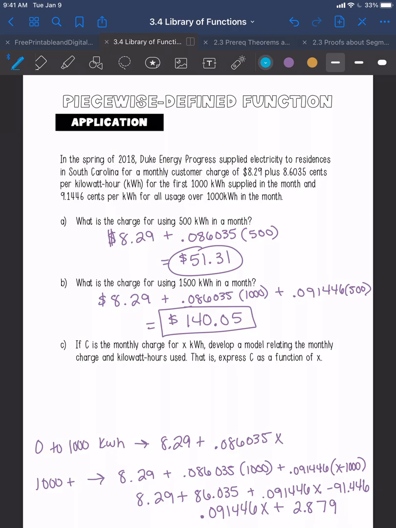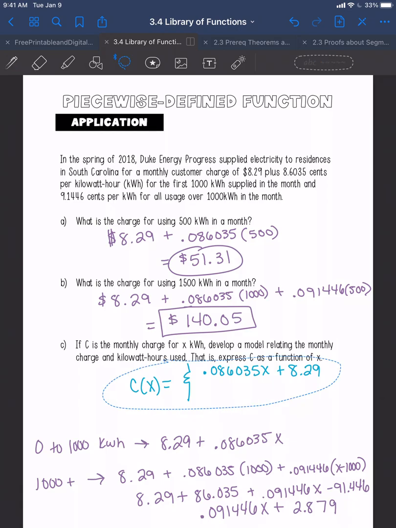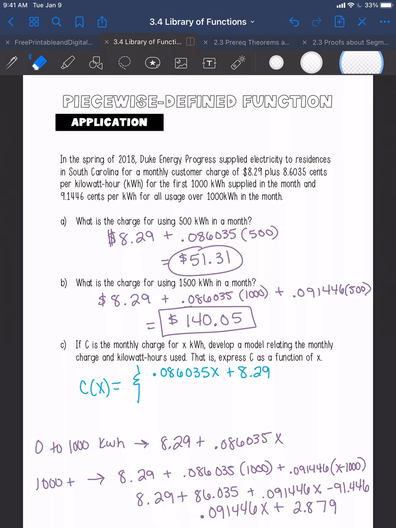So when we rewrite our function here, we have C of x equals, I'm going to write this in slope-intercept form, 0.086035x plus 8.29 if x is between 0 and 1,000.